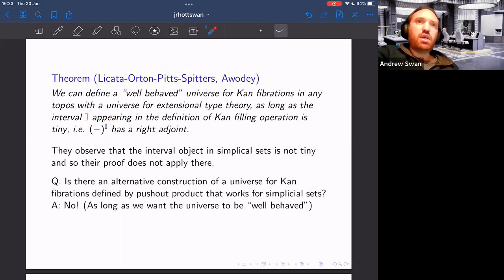then the universe has this nice classification property. In this paper, they observed that their proof does not apply to simplicial sets, because the interval is not tiny in this strong internal sense.